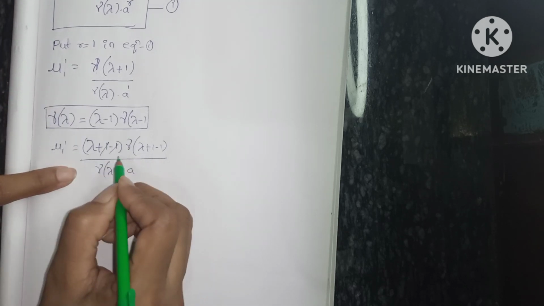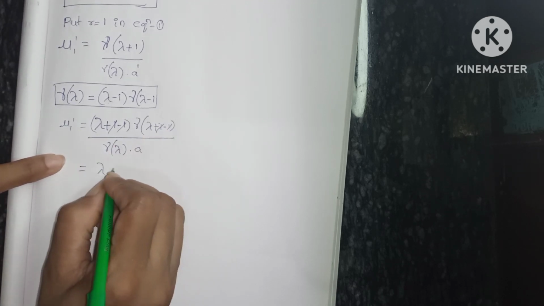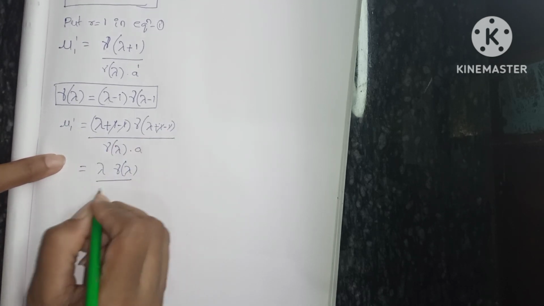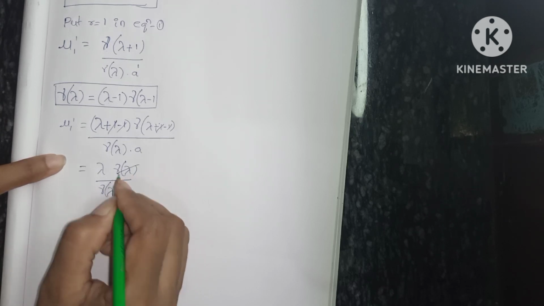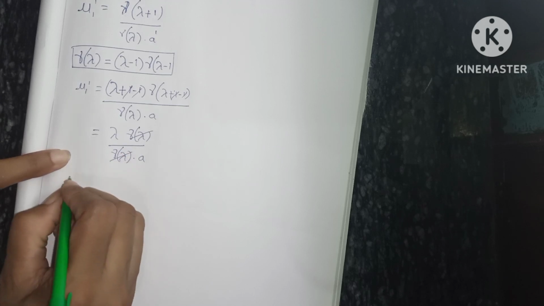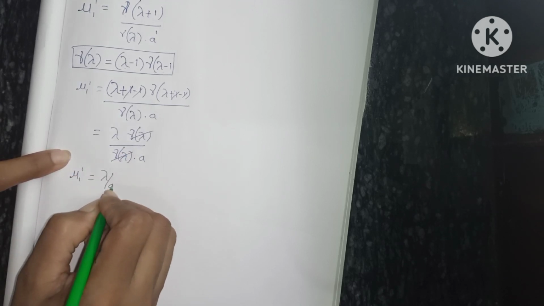Here plus 1 minus 1 get cancelled. So the remaining term is lambda into gamma of lambda by gamma of lambda into a. Again gamma of lambda gets cancelled. So the final answer is mu 1 dash equals lambda by a.